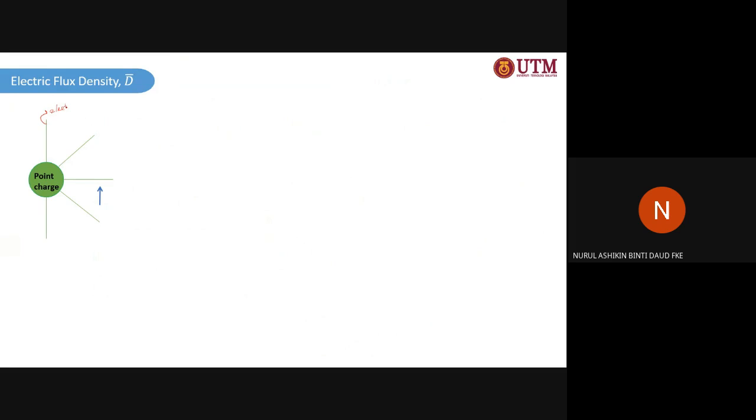I wrote it here, electric flux. Let's say that we want to find the electric flux density at this point, the point Q here.